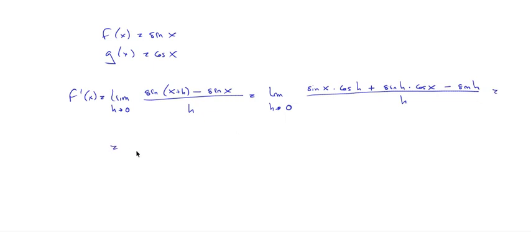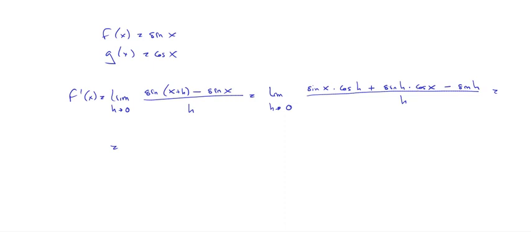And so this is, let me see, we have the cosine of x times the limit when h goes to 0 of the sine of h divided by h, and then plus the sine of x. Is this correct? Yes.